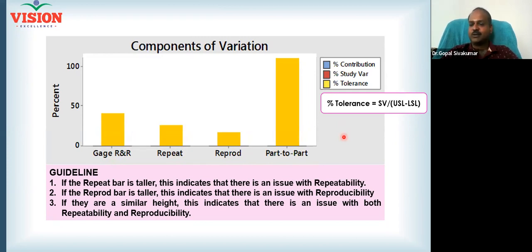I don't want to get confused too much. Only the yellow color. And now calculate. It means calculation is based on standard deviation, and the USL, LSL values are known to me. I am comparing the error with respect to the tolerance, which is USL minus LSL. Now tell me, which is dominating? Measurement error is dominating, or the real problem is dominating?